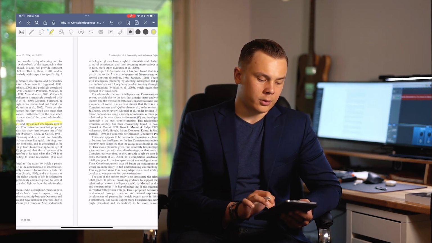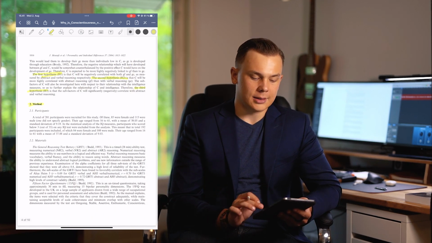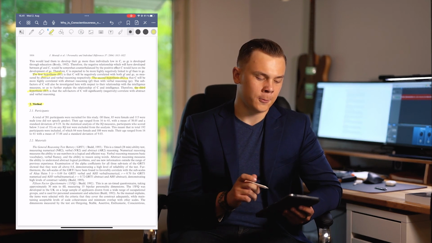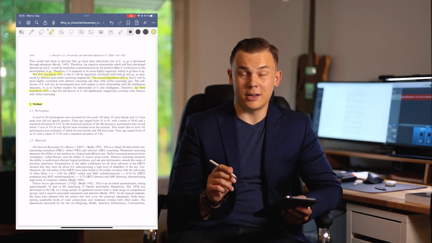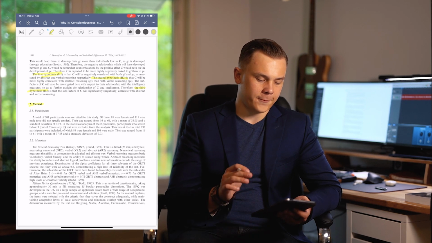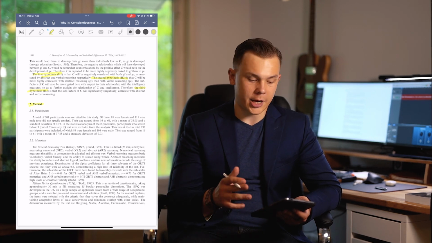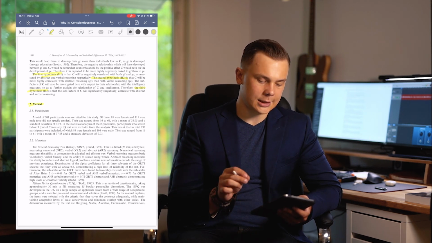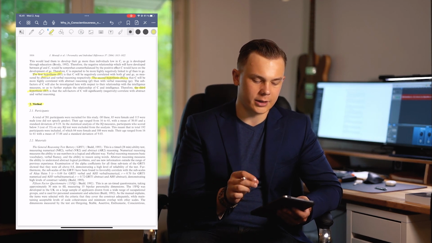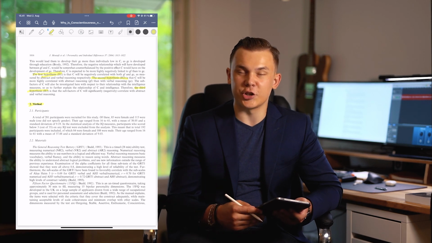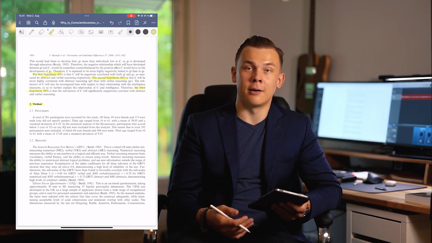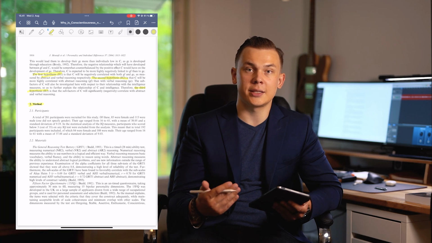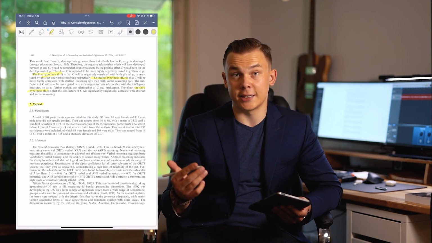Another thing that's really important in the introduction are the hypotheses that the authors present. So in this paper, there are 3 hypotheses, for example. The first is that C, which is conscientiousness in this case, will be negatively correlated with both as measured by abstract and verbal reasoning, respectively. So this in English means that if you are very high in conscientiousness, you'll be lower in intelligence.